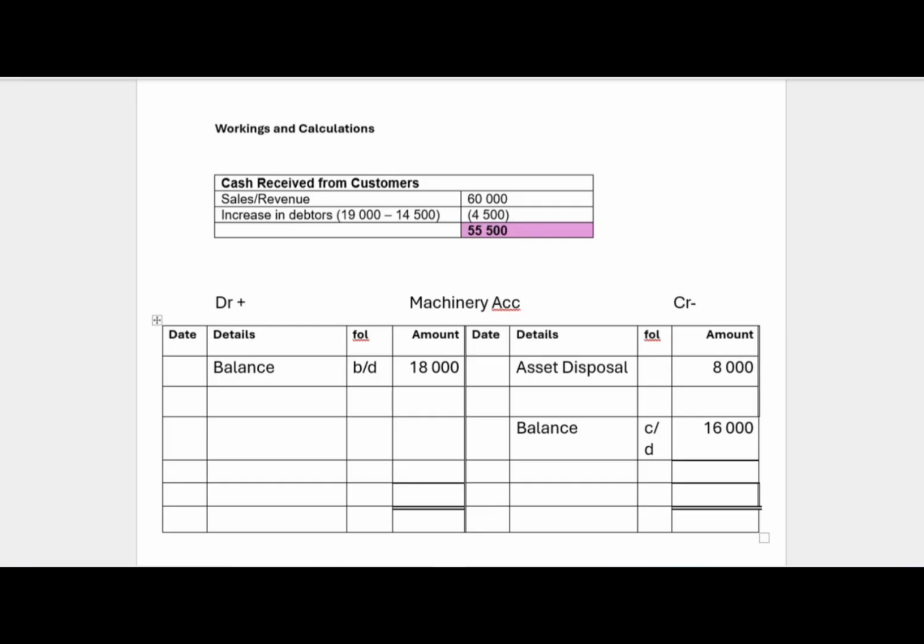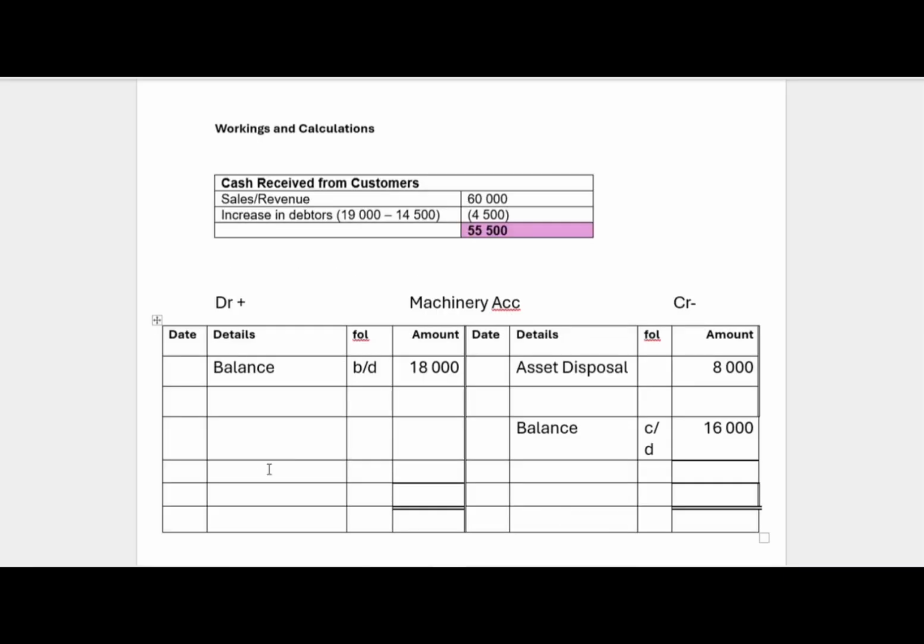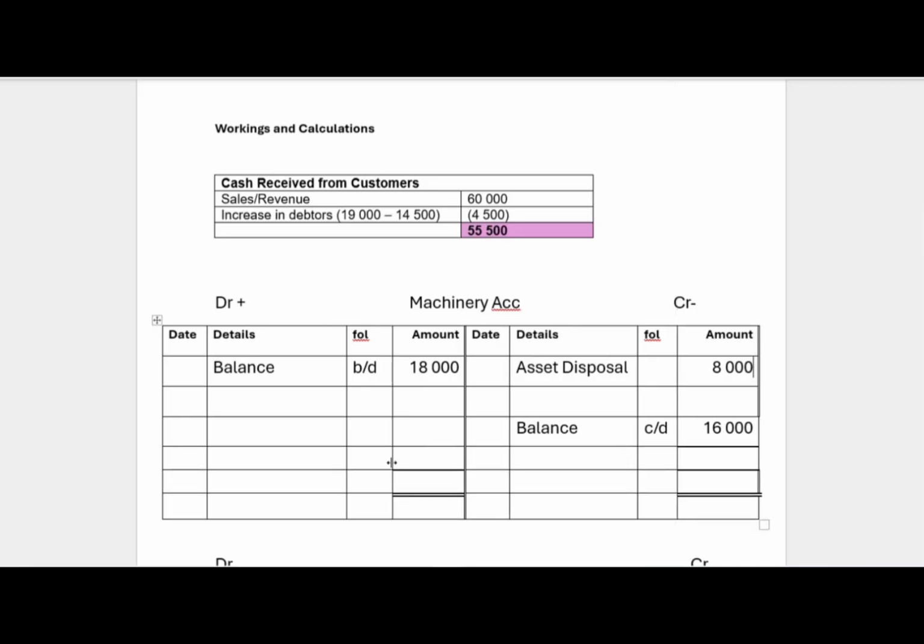Now, after this, do we have any transaction about machinery? It's only this, right? But they say there's a new machine that was purchased to replace the old one that was sold. So let's see what is happening. We go to the debit side and balance the sides, because the bigger side here is the credit side.